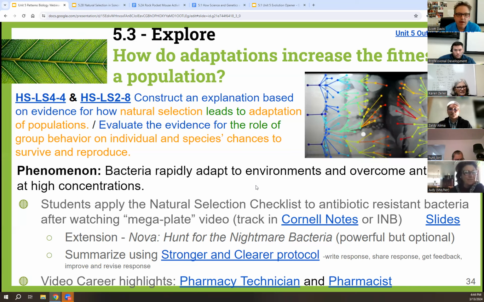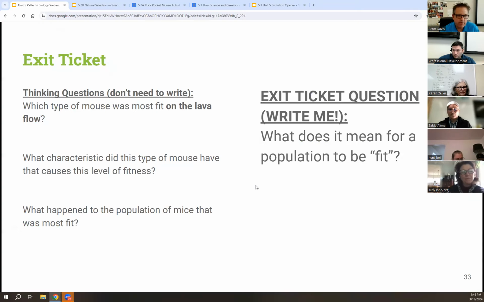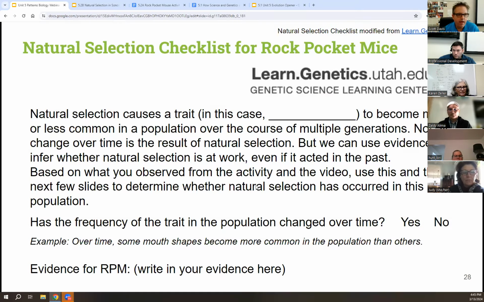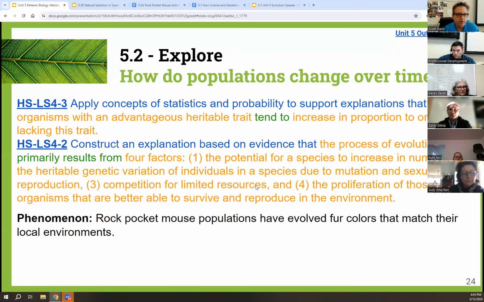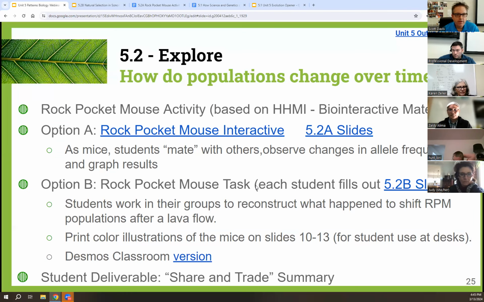If we go back to, let's see, version A, or excuse me, version B. Version B is the version where they just look at the different environments and count mice. So that does not include allele frequency. I've actually gone back to doing version B because we're focusing more on human skin color as our big summative at the end of this unit.